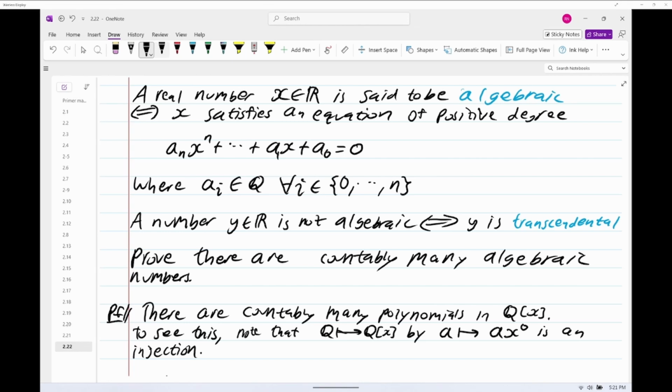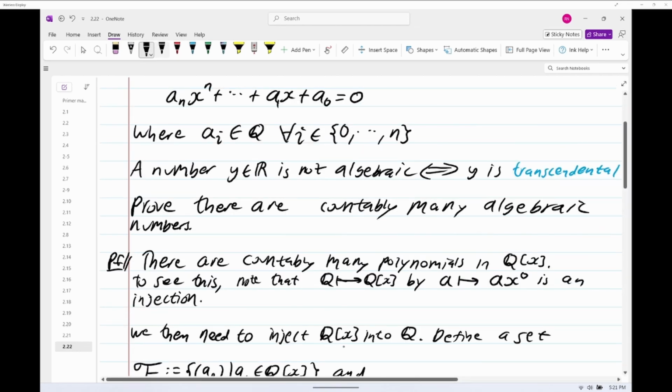What I'm actually doing right here is I'm saying there's an injection from Q to Q adjoin x. Then I'm going to say that there's an injection from Q adjoin x to Q. And by Cantor-Schroeder-Bernstein, cardinality Q is going to equal cardinality Q of x, or Q adjoin x. So we then need to inject Q adjoin x into Q.